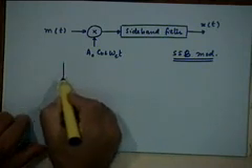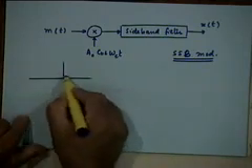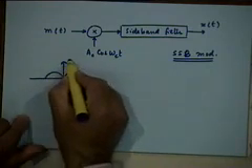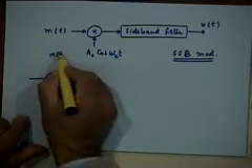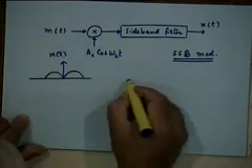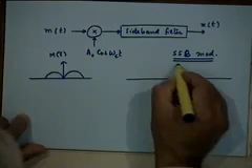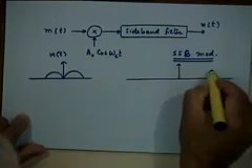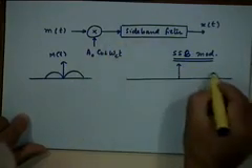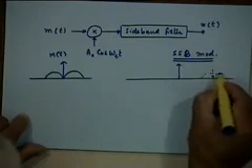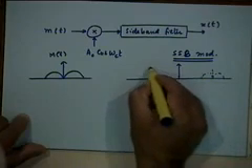Let's look at the whole thing in the frequency domain. Let's say this is the spectrum of the message waveform, M(f), right? And the modulator output would have been something like this.